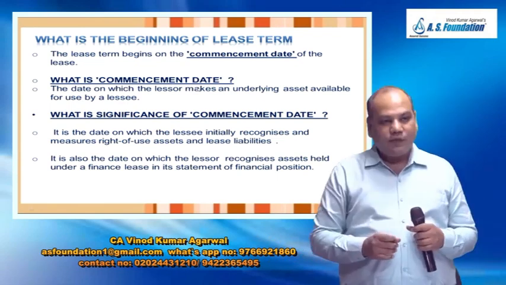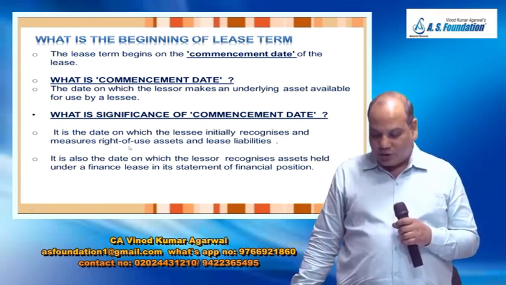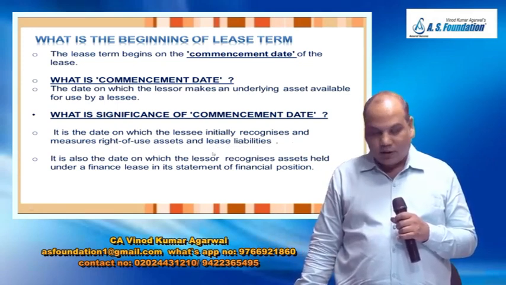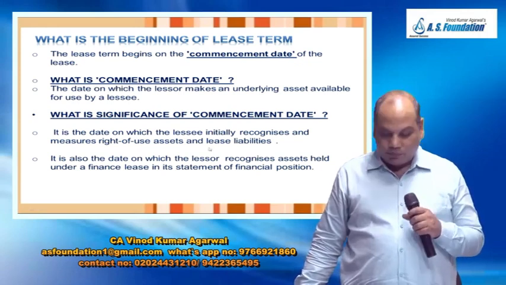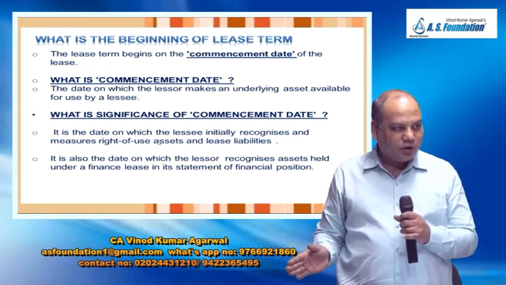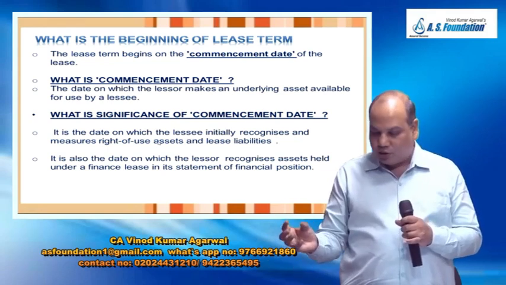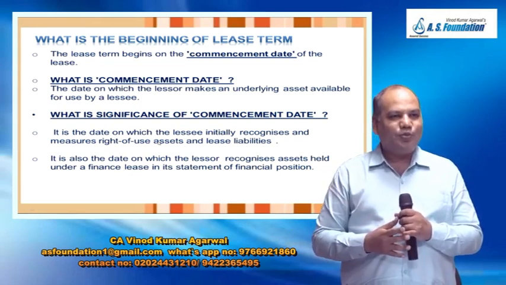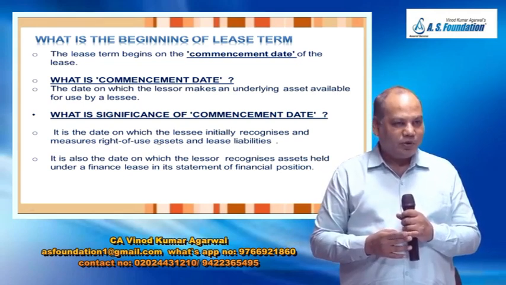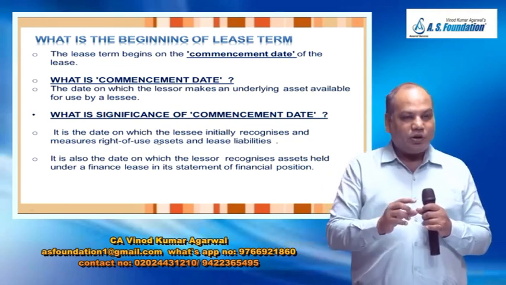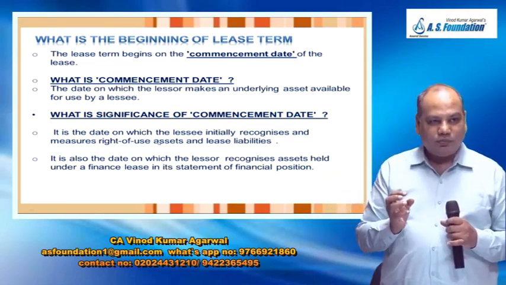So what is the significance of commencement date? It is the date on which the lessee initially recognizes and measures the right of use asset and lease liability. So on this date, we will learn the accounting part that we have not yet come across. You will calculate the present value of the fixed amount payable, which we have seen, or we will see again. Take present value.